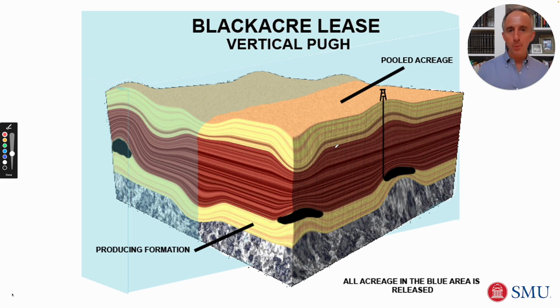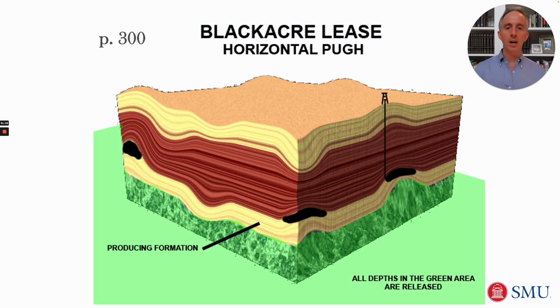Now the simple Pugh or retained acreage clause cuts that layer cake in the normal way. So it cuts it vertically, right? And it says, look, you get to keep where you've produced, but the rest over here, that goes back to me. Okay, so that's what a typical vertical clause is, like cutting cake, the typical way to cut it is vertically.